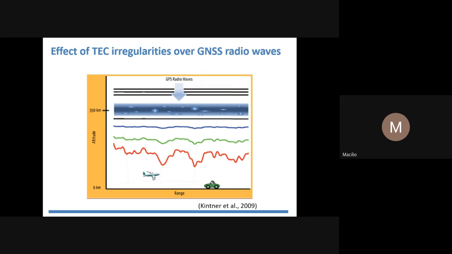When this plane wave passes through the part of the ionosphere where we have irregularities, the phase after this layer is no longer constant. Although the amplitude remains constant in the plane, the phase is not constant.